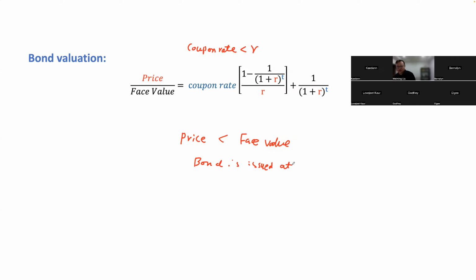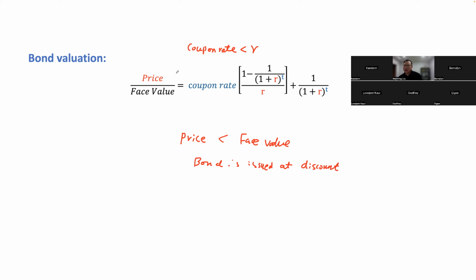If the price issued is lower than the face value, we are saying the bond is issued at a discount or premium? Discount. Thank you, Cheryl. At a discount, right? Because it's less than the face value.